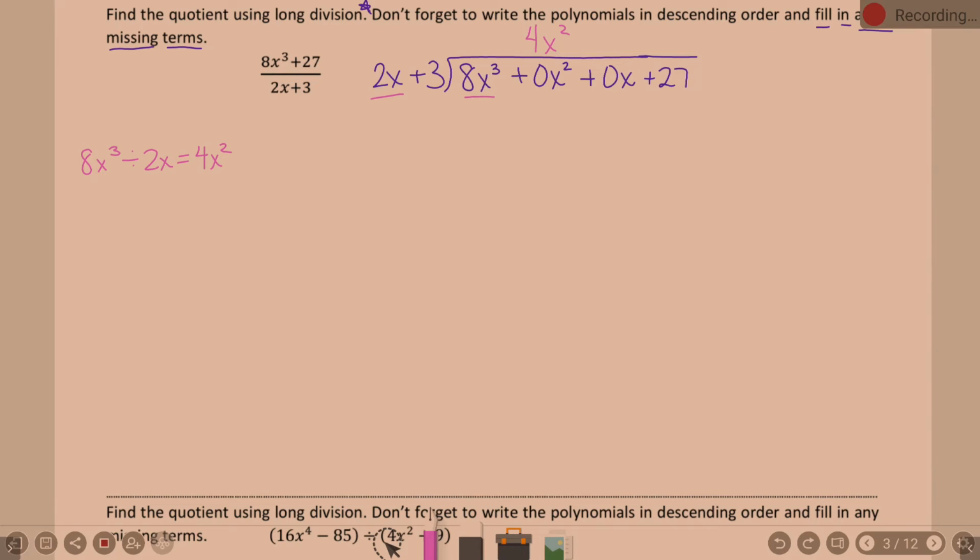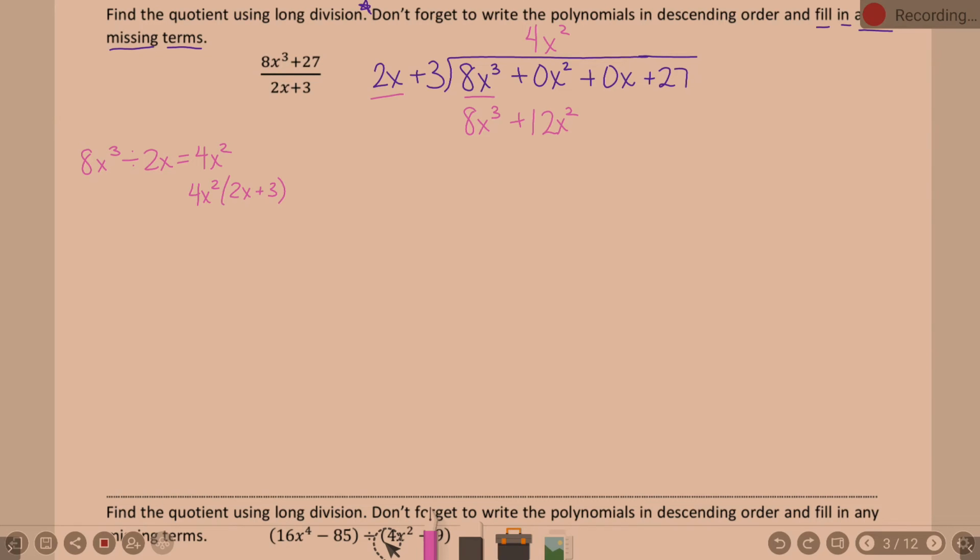Okay, what do we do with 4x squared? We're going to distribute it into the 2x plus 3. So 4x squared times 2x, 8x cubed. 4x squared times 3, 12x squared.